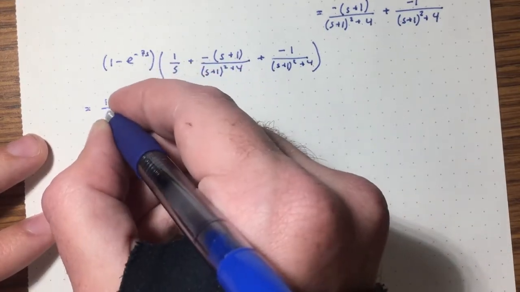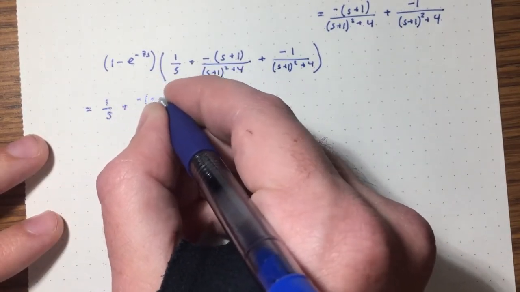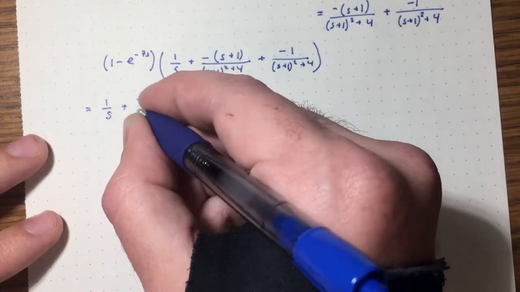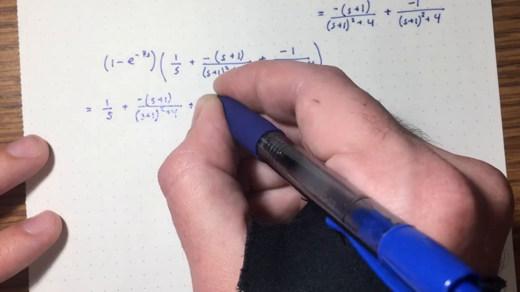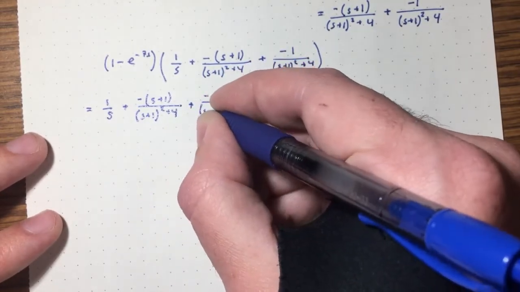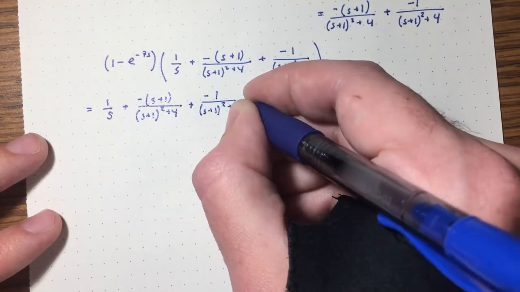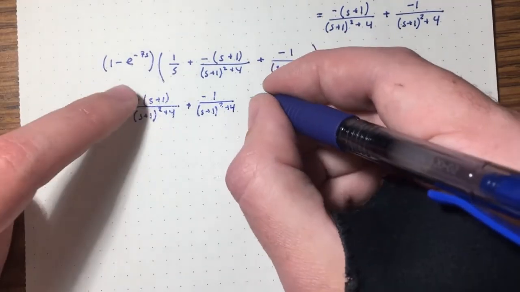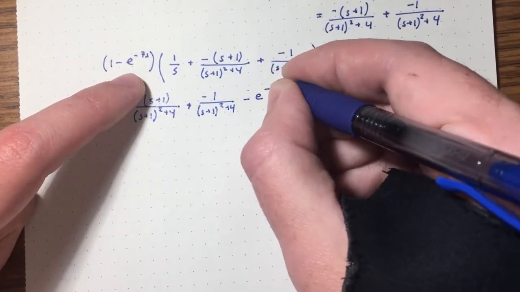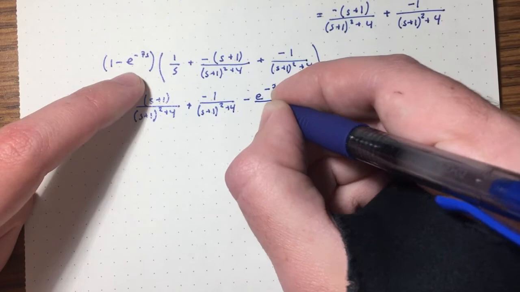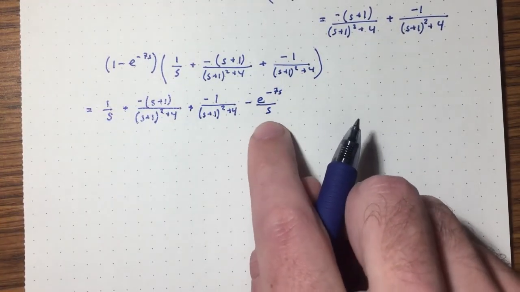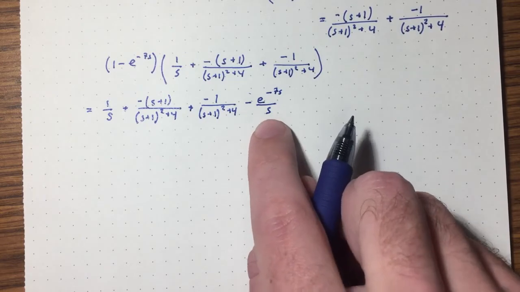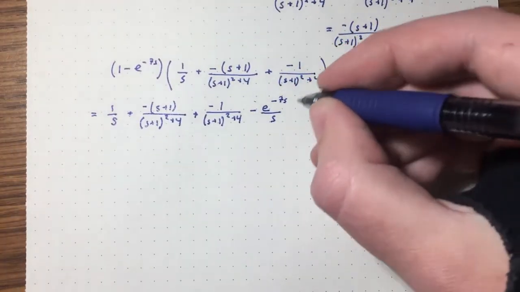So 1 over s plus, what's this one? Plus negative 1 over s plus 1 squared plus 4. And now I have an e to the minus 7s over s. That will be a step function exactly, right? This is the Laplace transform of u7. So we'll keep that in mind.